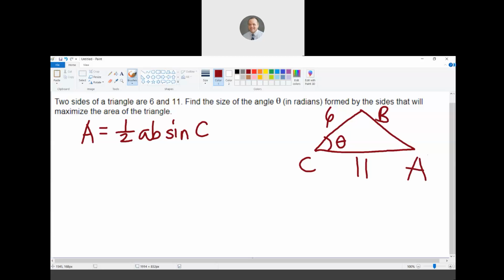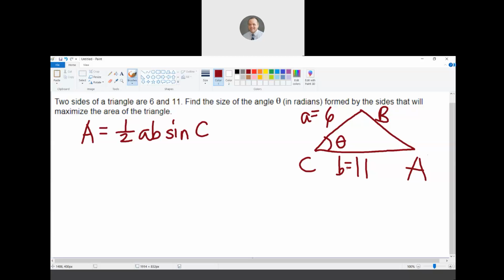It's labeled backwards, but honestly, it does not matter. C is our given angle, and the side opposite angle A is your side A, and the side opposite angle B is side B or 11.